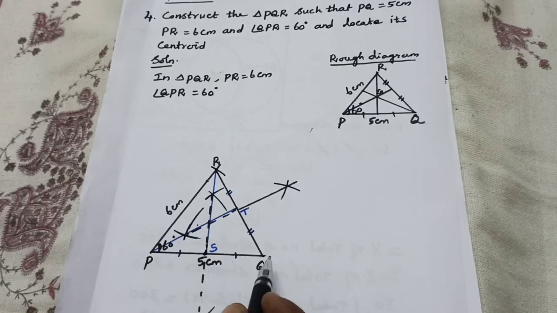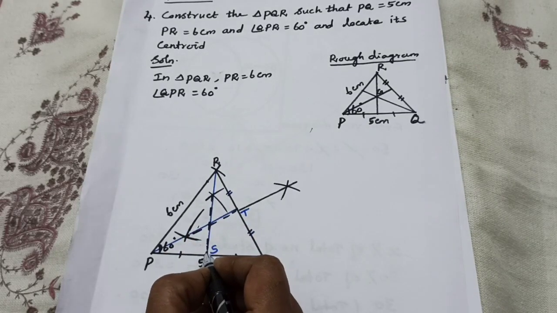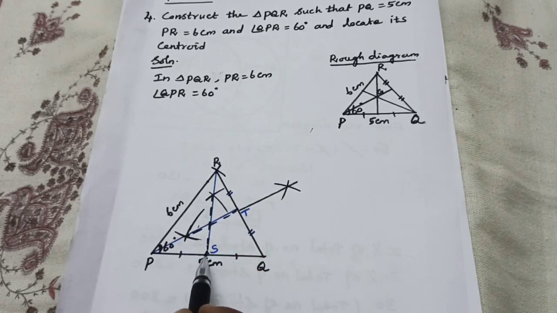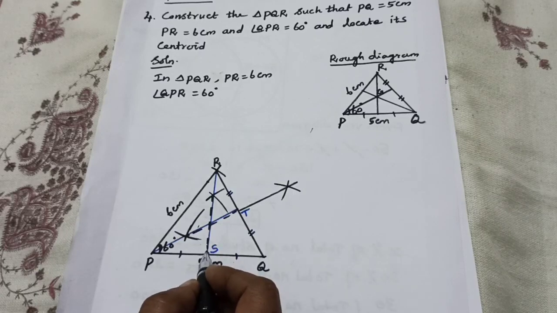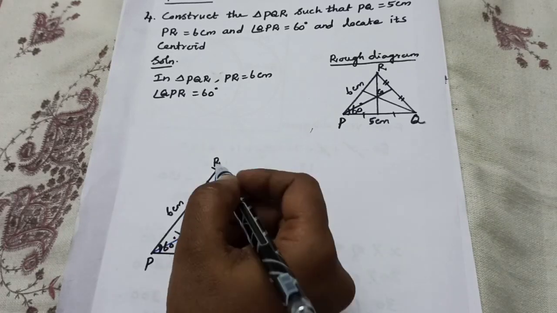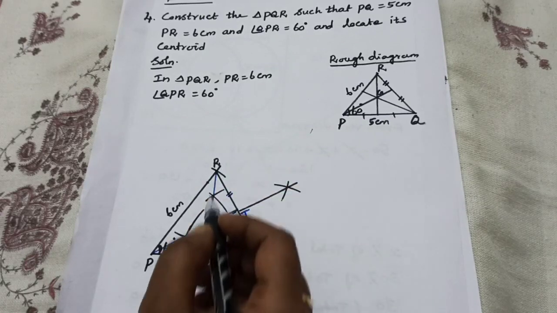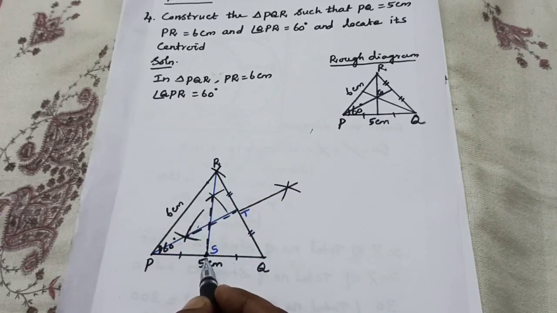First we have to draw the perpendicular bisector. Then it divides equally, so this is the midpoint. Then from the opposite side vertex to this midpoint is called what? This is the median. RS is the median.